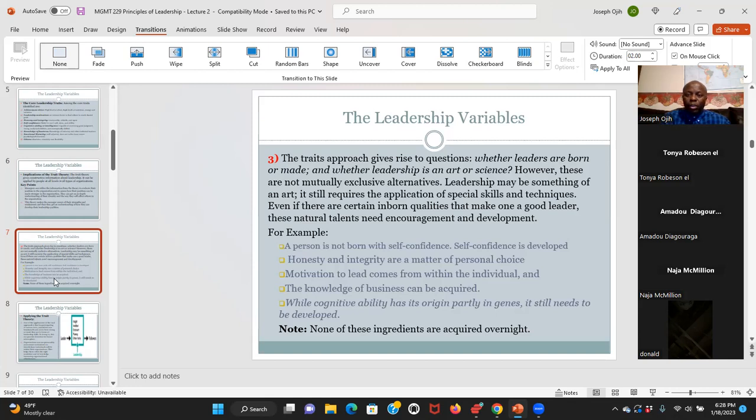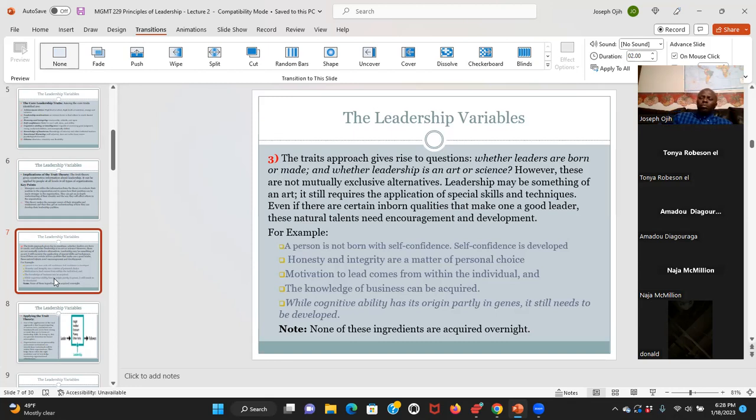It's possible to do it as well. Leadership can also be an art. But in any case, leadership skill requires the learning or application of these skills that I have mentioned in the previous slides.